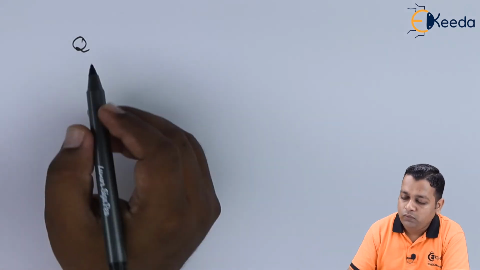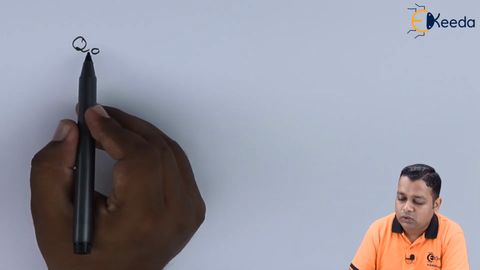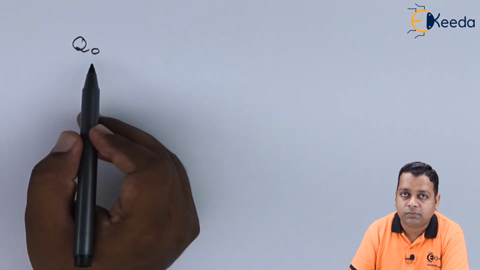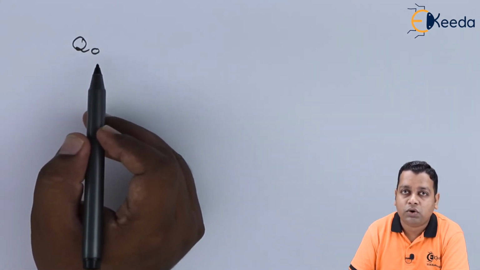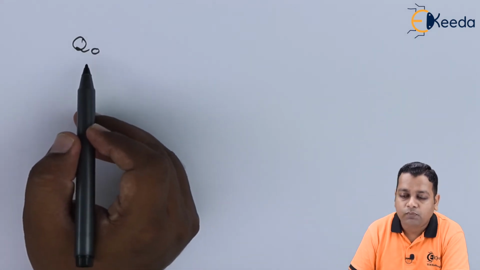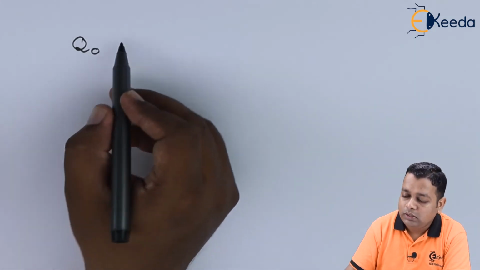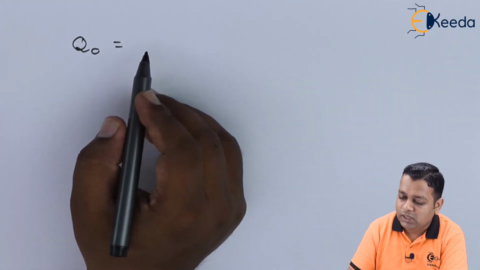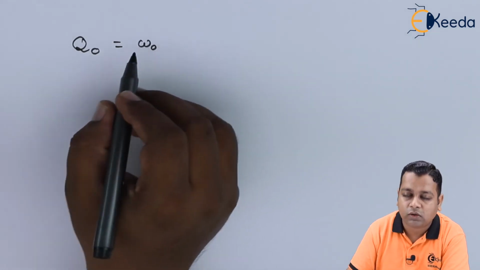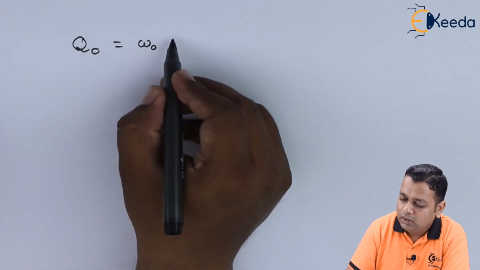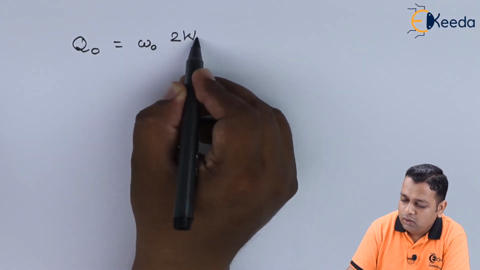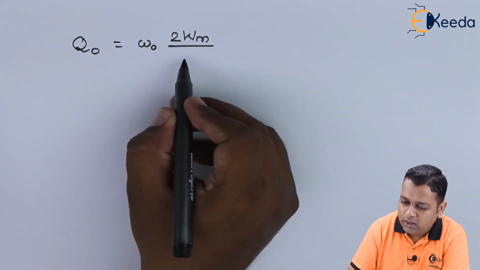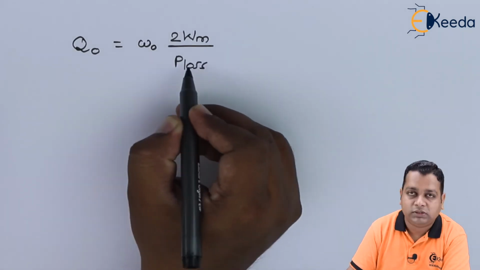If we discard the connections to external circuitries with the loading effect, the Q factor is denoted by Q suffix 0 and is called the unloaded quality factor. If we compute the unloaded quality factor for the parallel resonant circuitry made up of the RLC components, it is expressed in terms of the resonance frequency omega 0 multiplied by the ratio of twice W suffix m divided by P loss.